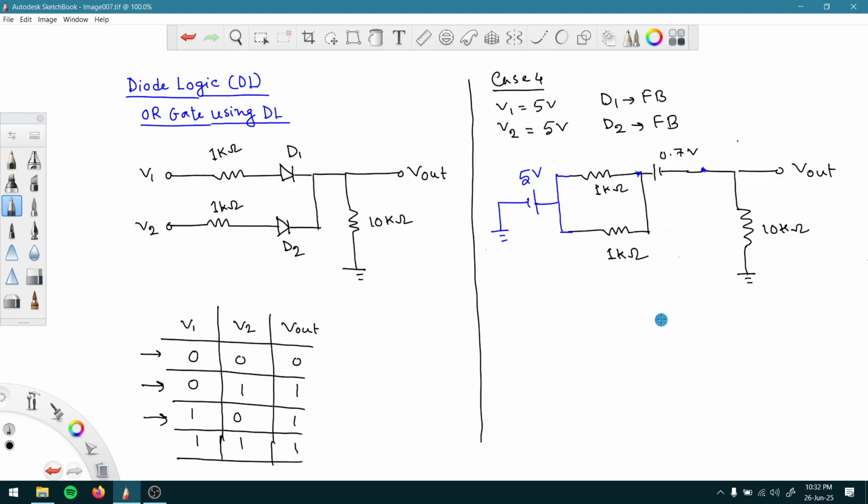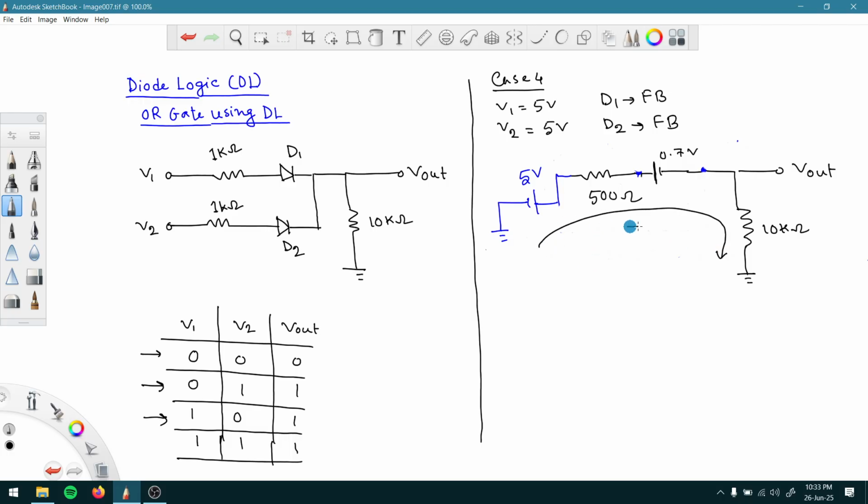So that means 500 ohm should be the situation here. So let us omit this portion and directly write here 500 ohm.